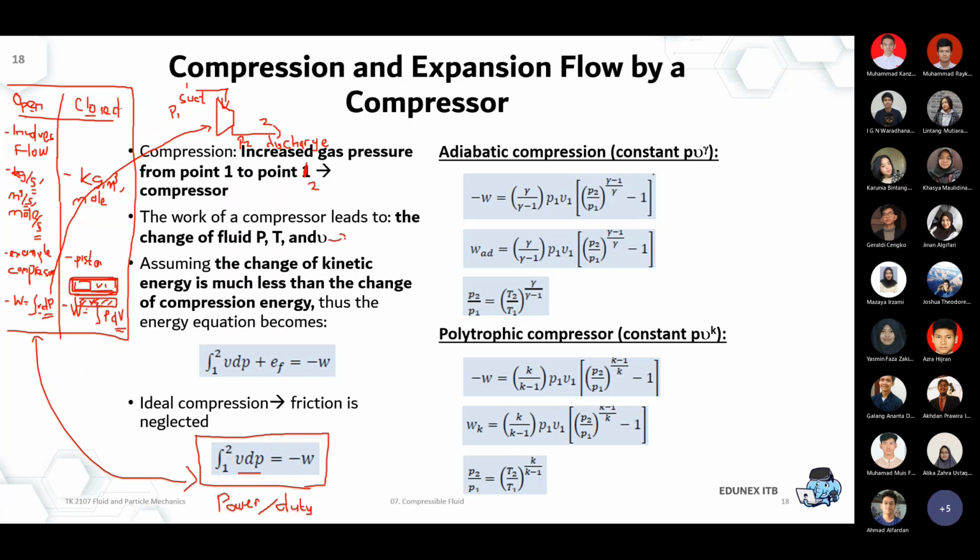So that's a specific volume, or can be stated as one per density. So the unit will be the reverse of the density, right? If we have density in kilogram per cubic meter, then we have cubic meter per kilogram. Okay, any other questions?